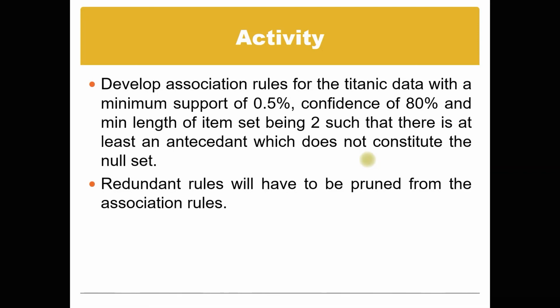I'm going to give you the Titanic data set, where I want you to apply the association rules by developing rules with a minimum support of 0.5% and a confidence of 80%. I want you to derive these in R. To be able to do so, I'm going to send you a list of R codes that you can go through on your own. And if you have any query on these R codes, you are most welcome to come back to me and I would advise you accordingly.